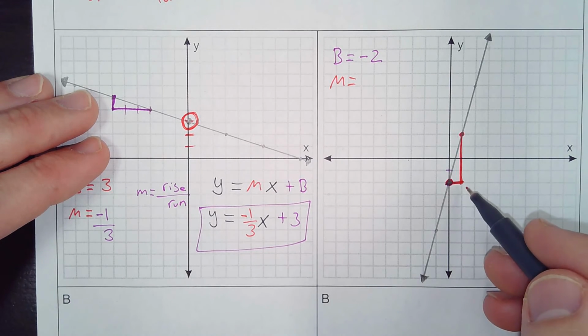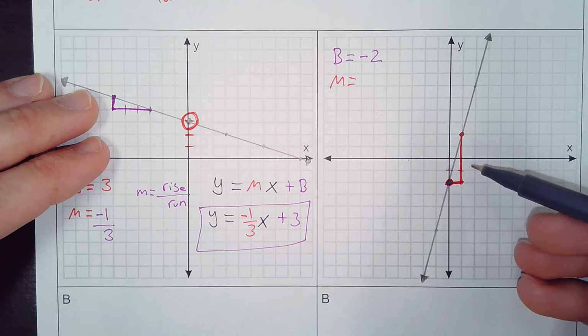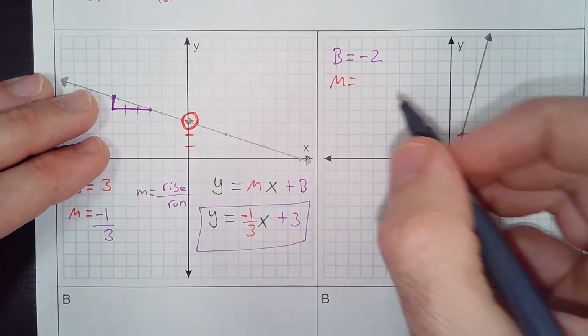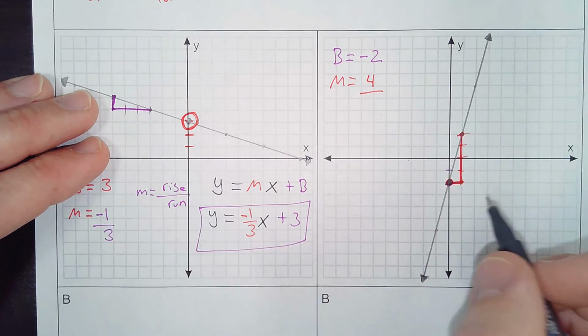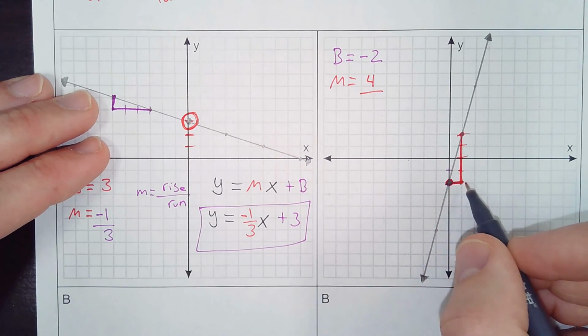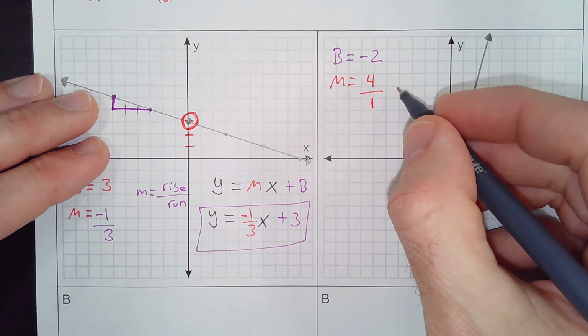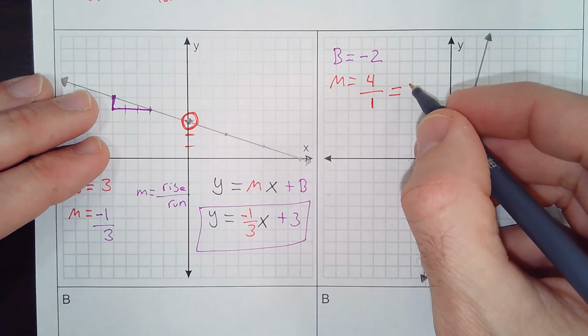As I'm going left to right, my rise is I go up 1, 2, 3, 4. I go up 4. My run, I go over 1. So rise over run, which anything over 1 is also just that whole number.